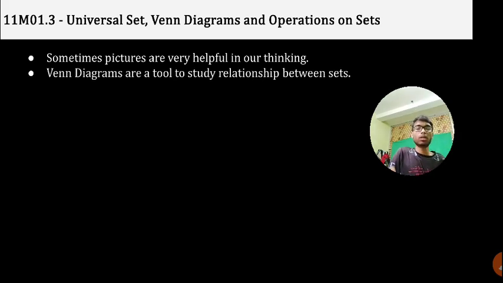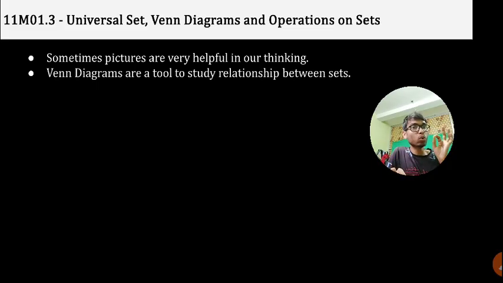Okay. Now here, Venn diagrams are a tool to study the relationship between sets, between two sets, between three sets. To know the relationship between sets, we use the Venn diagram.